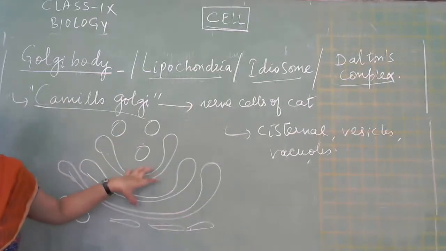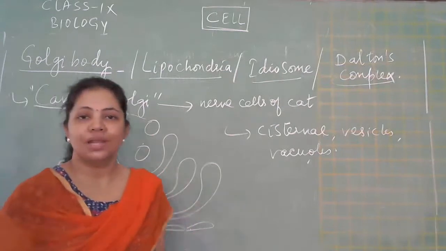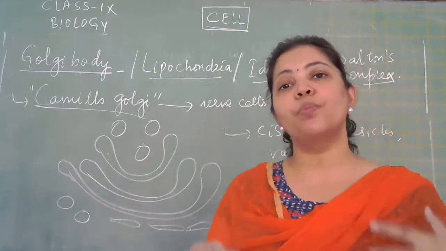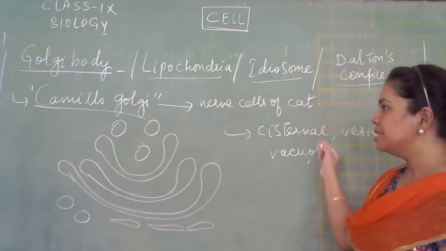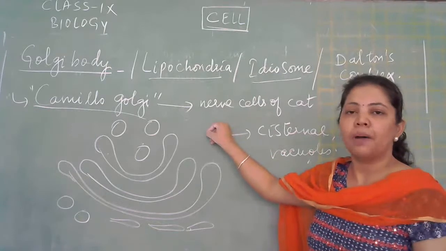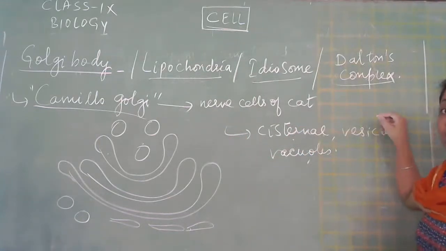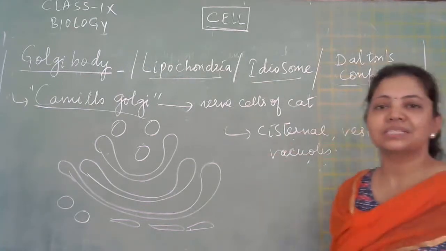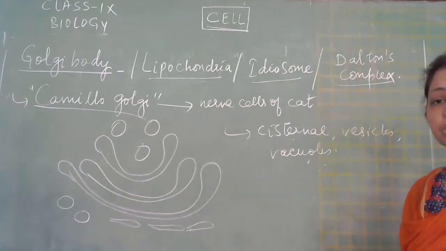Means the membranes of Golgi complex are also made up of 2 layers of lipids and 1 layer of protein. Means they are lipoproteinaceous in nature. So that is the remaining structural components. Do remember that it is cisternae, vesicles and vacuoles. In place of tubules, Golgi complex contains vacuoles, right?